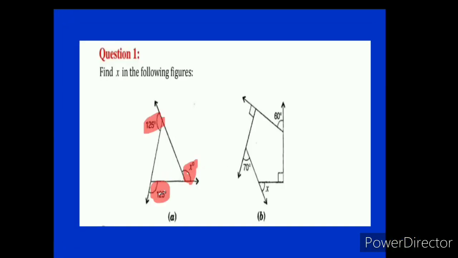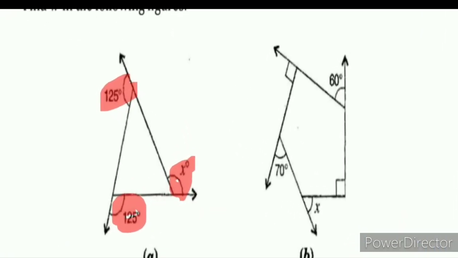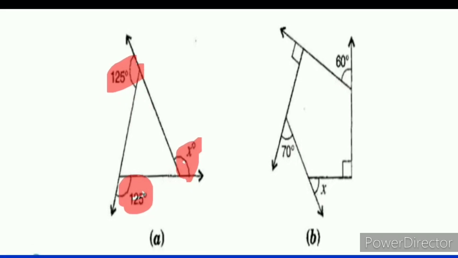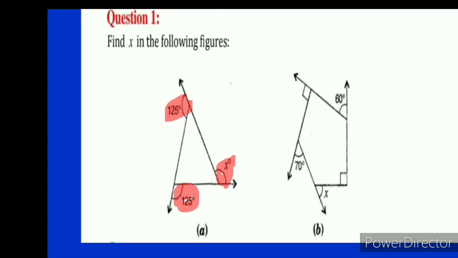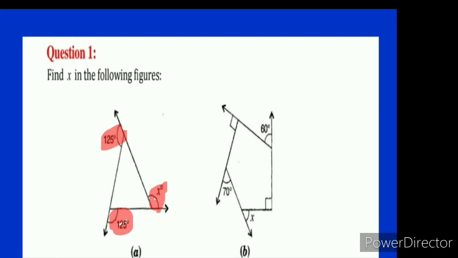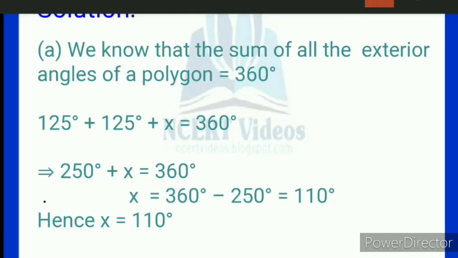Look at the figure once again. All the three angles are outside the triangle, so they are exterior angles. If you add all the three and equate to 360 degrees, look at the calculation: 125 plus 125 plus x equals 360 degrees. Adding the numbers gives 250 degrees, so we get a linear equation.